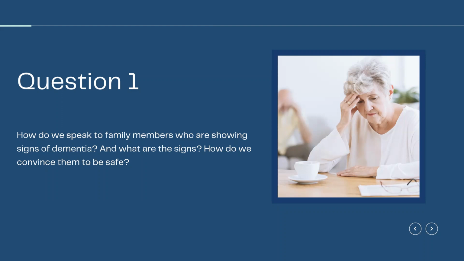It's concern. You're coming out of a place of concern. But I think gently bringing it up, and again, as with the prior question, a lot of these things have to be discussed over time, gently, slowly, and in a very respectful way. But it's difficult, especially if it is a parent or a grandparent, and you've been in a dependent relationship for a long time.